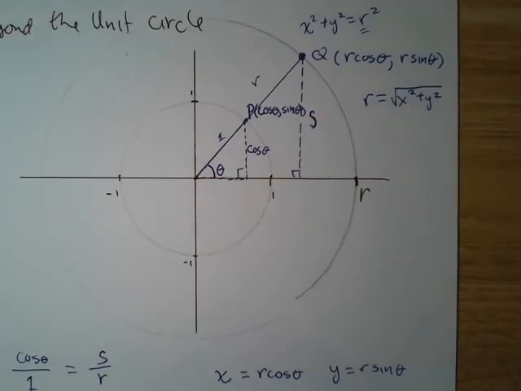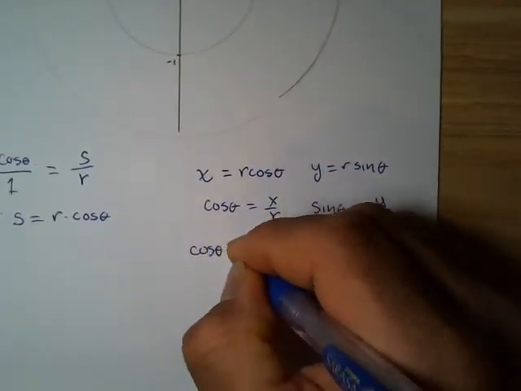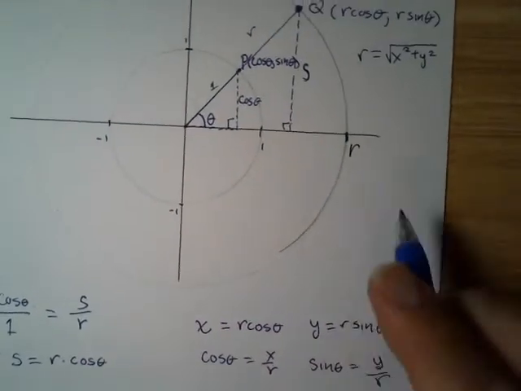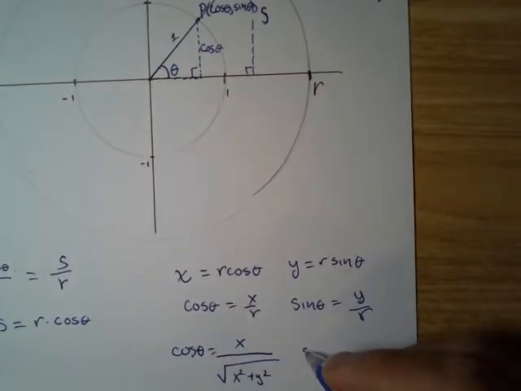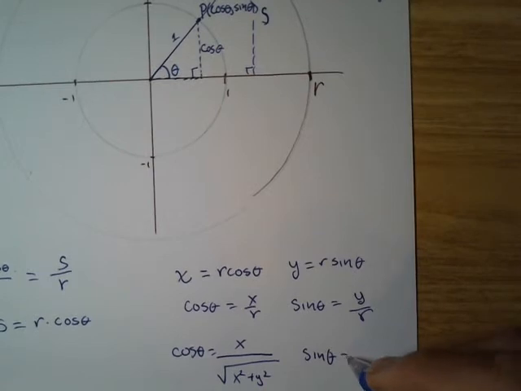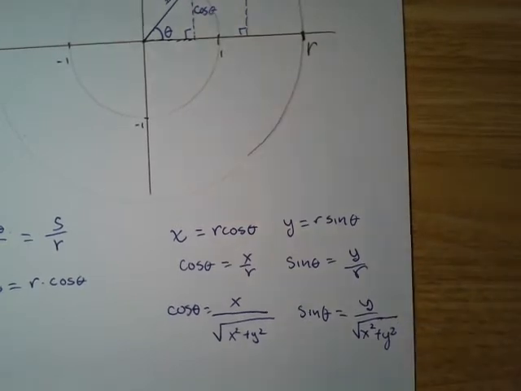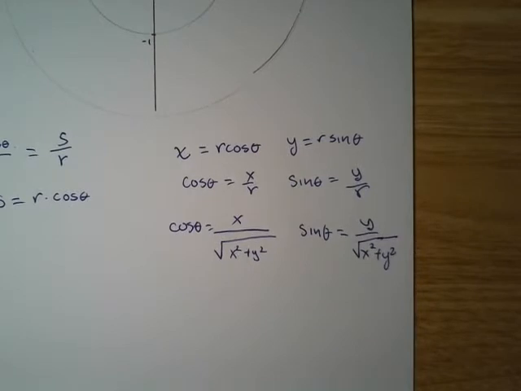So an alternate way to represent cosine theta is making that substitution for r. All right. And now we have a different representation of cosine theta, sine theta that involves x and y.